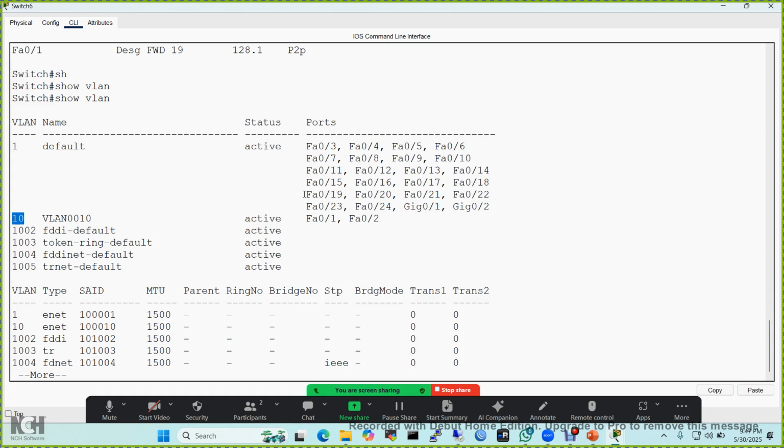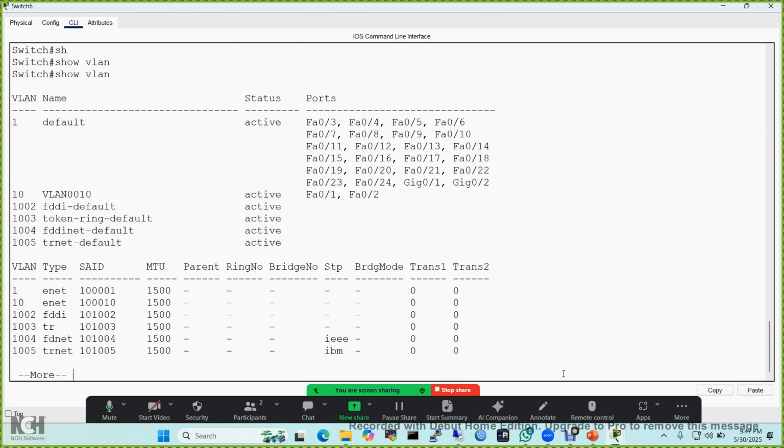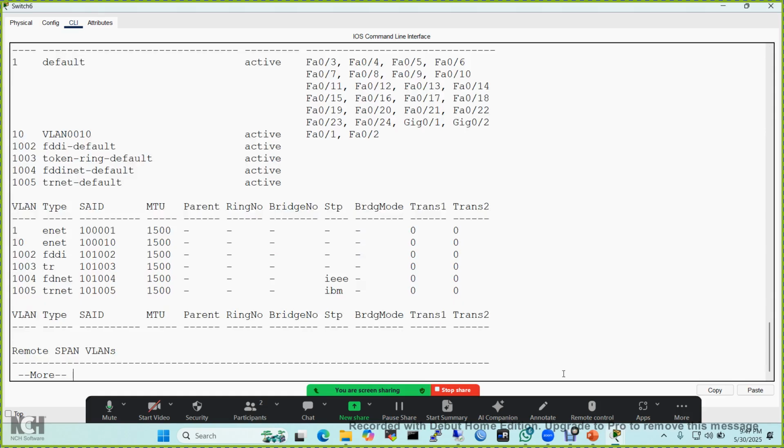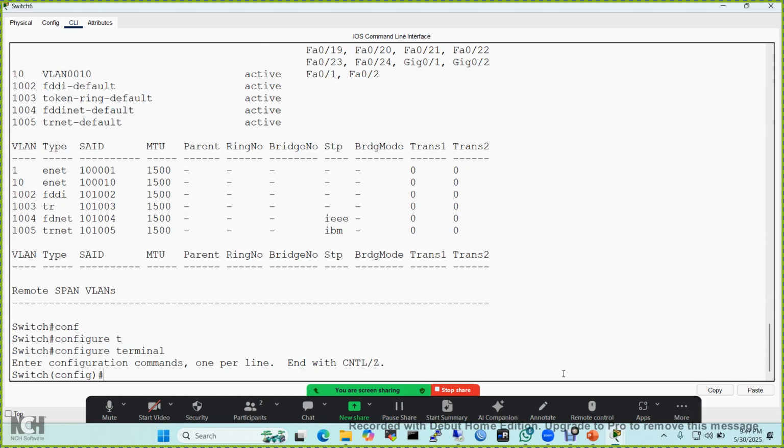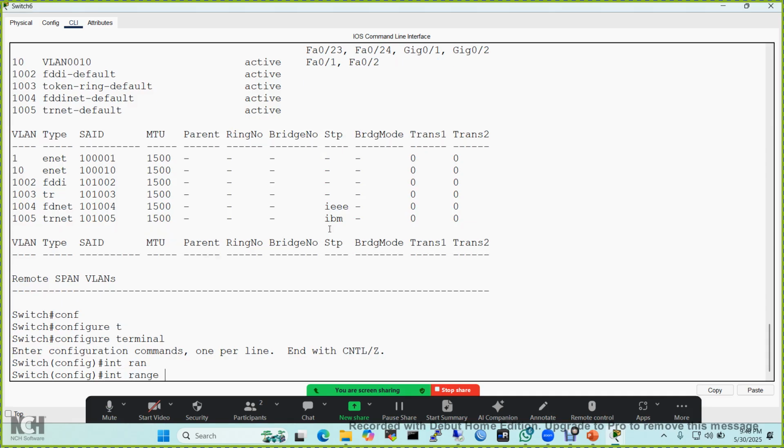Okay. If I make this port's VLAN number 1, how will I change this port's VLAN number? Can you say? You have forgotten? Yes, VLAN number. Okay, we can change. Just interface range F0/1 to 2.